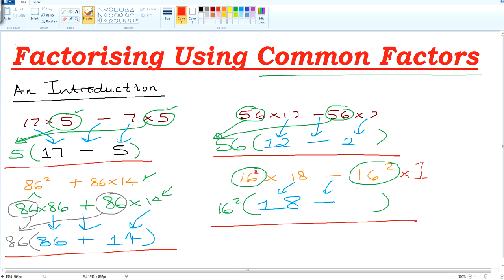When you factorize, you can't leave nothing behind. There's no such thing in maths as saying, I factorized, then I left behind fresh air. You can't have a gap. What we left behind wasn't nothing; in reality, we left behind a 1. So the answer will be 16 squared multiplied by 18 minus 1, and not 18 minus fresh air.